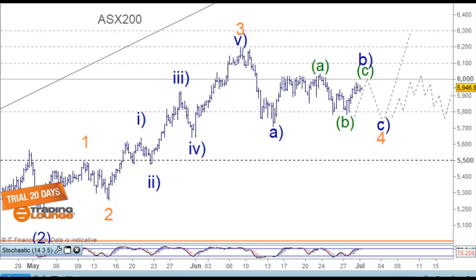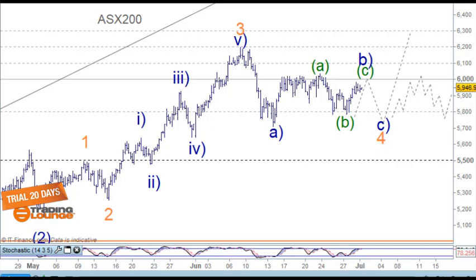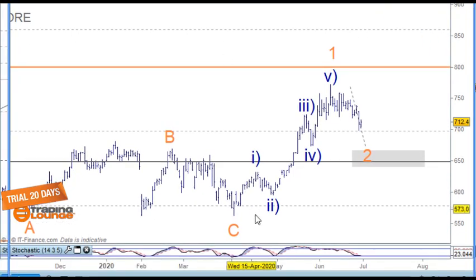We are seeing things like, I'll just put in iron ore here for a moment because we've been looking at iron ore, so I'll just use it as a guide stick. We're looking for iron ore to have these 5 waves up here, which we tracked.